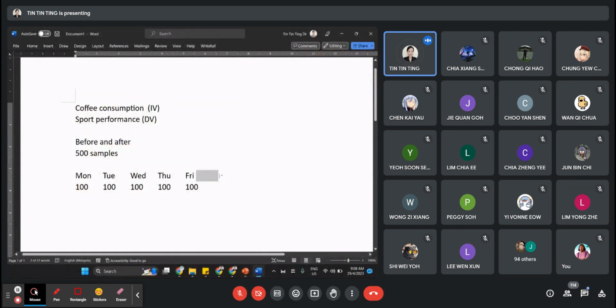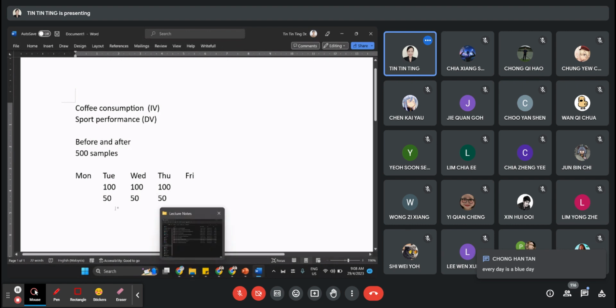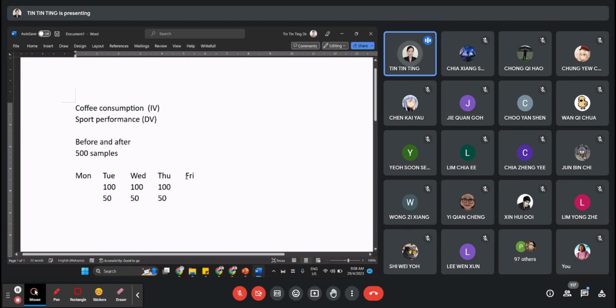How can we actually try to reduce it? Since Monday is a blue day, Friday is another blue day, maybe you try to avoid these and fit it into other days, instead of involving Monday and Friday.